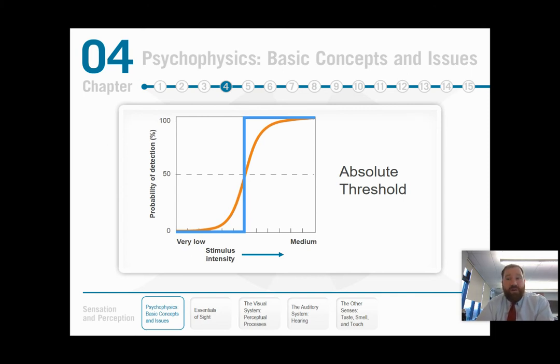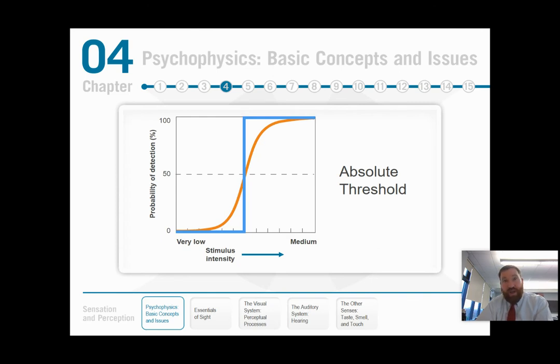Now, there's a name for the stimuli that is present but not detected. Okay, so that is the candle at 35 miles for the average person, or the teaspoon of sugar in 2.5 gallons of water. Does that mean that the sugar's not there? No. If you drank those 2.5 gallons of water, you would gain those calories.